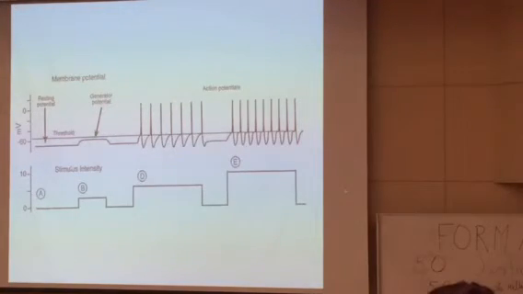There are no action potentials produced. The brain is completely unaware of anything happening. Increase the intensity, and you not only exceed threshold and produce action potentials, but they come at a certain frequency. If you increase the intensity, the frequency of the action potentials increases. So frequency of action potentials is one way in which intensity can be relayed.